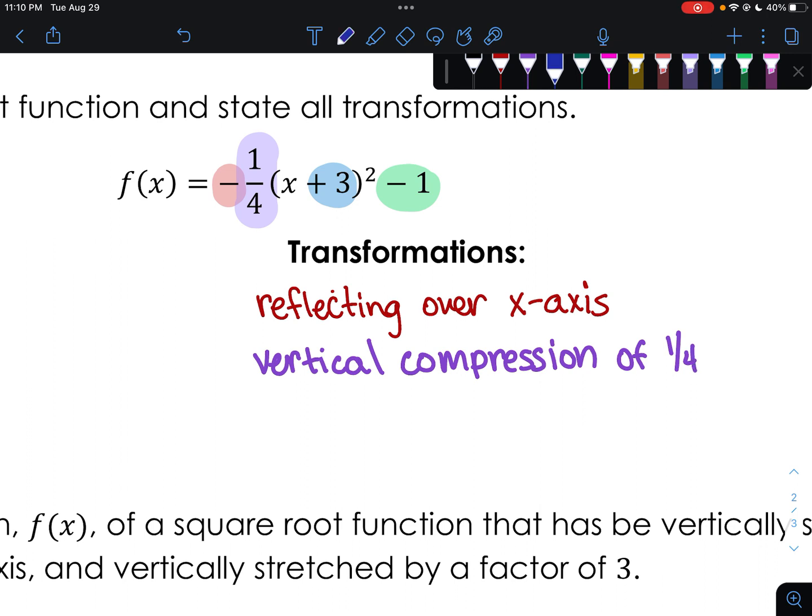That +3 on the inside, we really want to say that it's going to the right 3, but we know that it's trying to trick us and it's going to the left 3. And last but not least, that -1 tells us that it's going down 1.